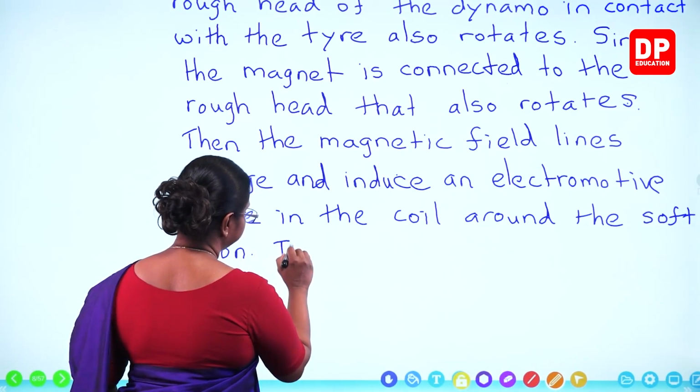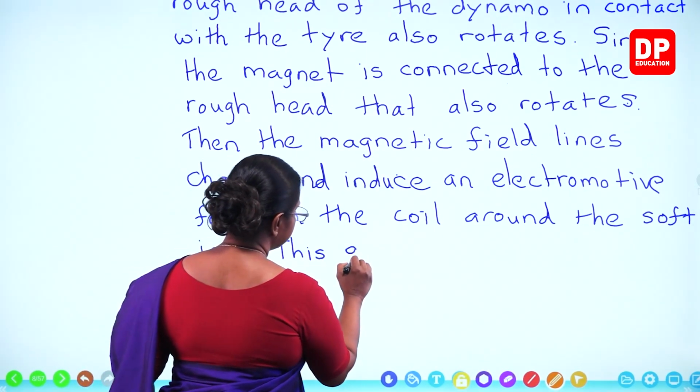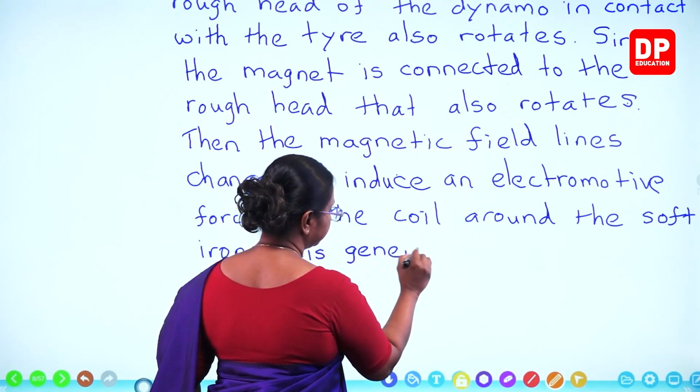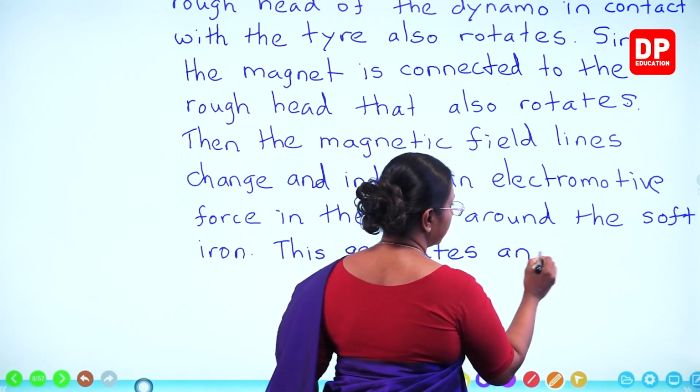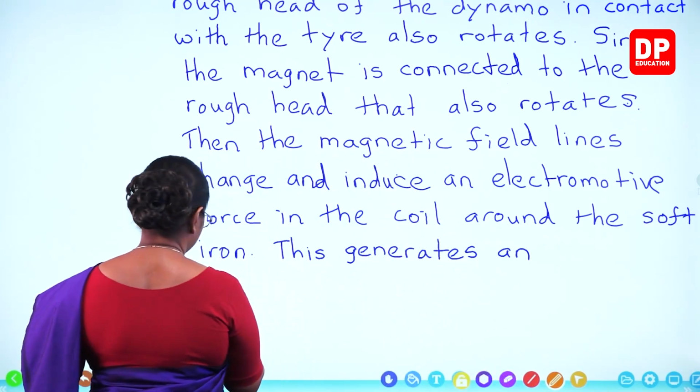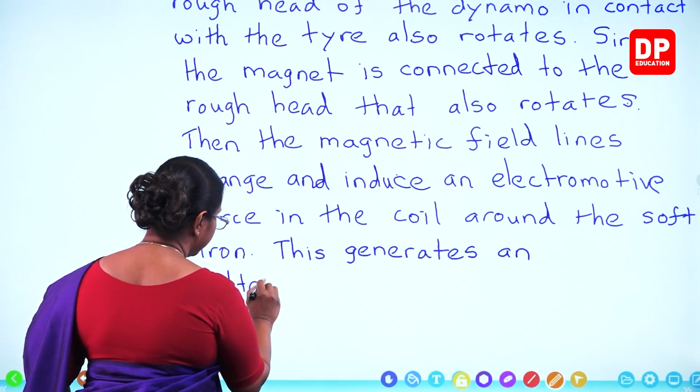So this generates an alternating current.